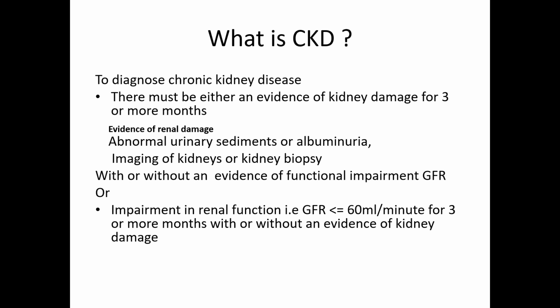Or in a patient you are following up, if you measure the glomerular filtration rate, and you find that this glomerular filtration is persistently low over the last 3 months and is not improving, then with or without evidence of kidney damage, the parameters which I showed you, and the GFR is less than 60 ml per minute, you can label this patient as having chronic kidney disease.